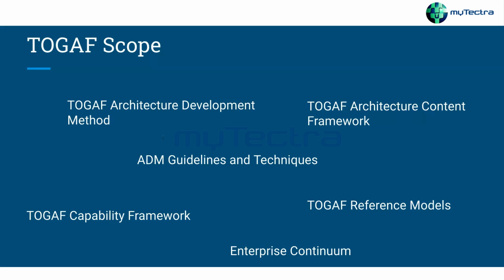The enterprise continuum is the view of the related architectures and how they evolved. A company will definitely have architecture evolving, so all those histories are stored in it. The reference model is also a framework.